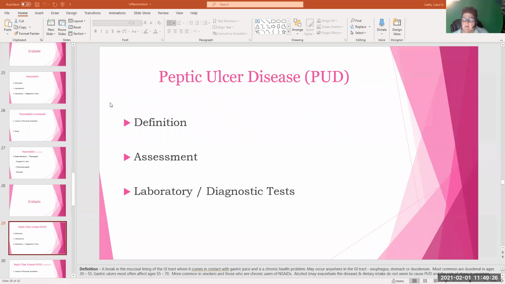And then again, for peptic ulcer disease, they can do biopsies of the ulcers that are there to be able to see if it's the Helicobacter or if it's NSAID. And usually they can visually tell the difference.